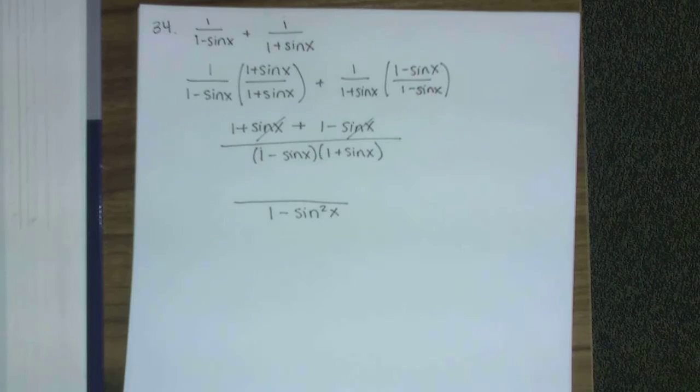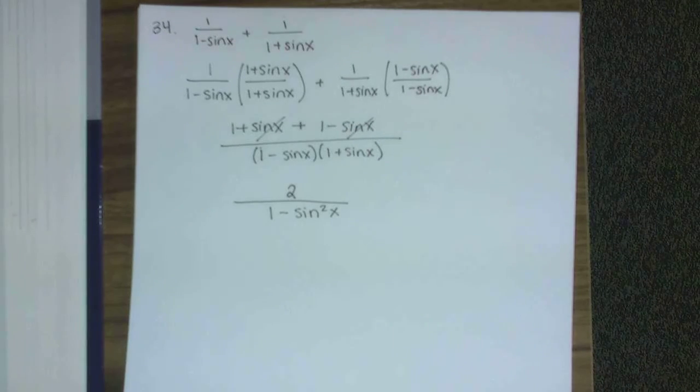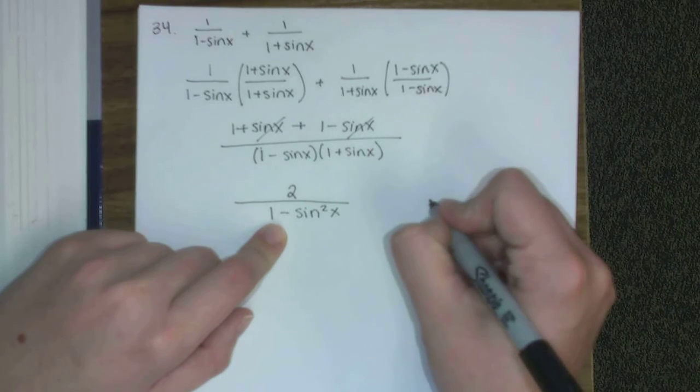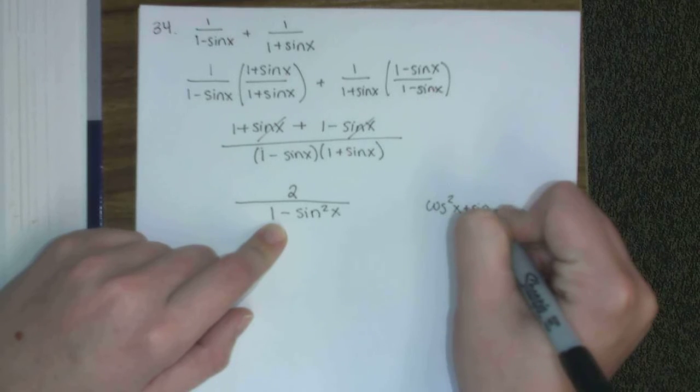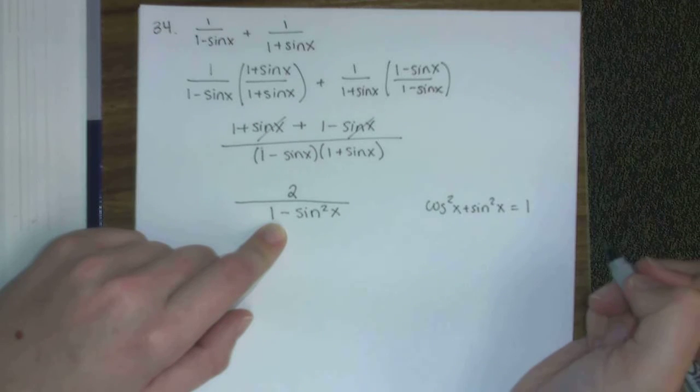And then going back to our identities, we have the identity that says the cosine squared of x plus the sine squared of x is equal to 1. So 1 minus sine squared of x is equal to cosine squared of x, meaning I can rewrite this over here as cosine squared of x.